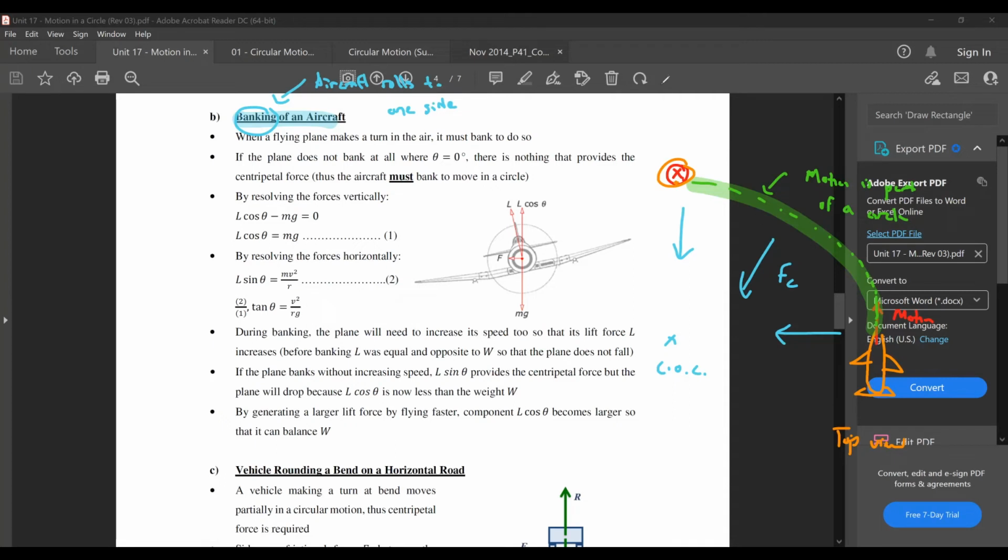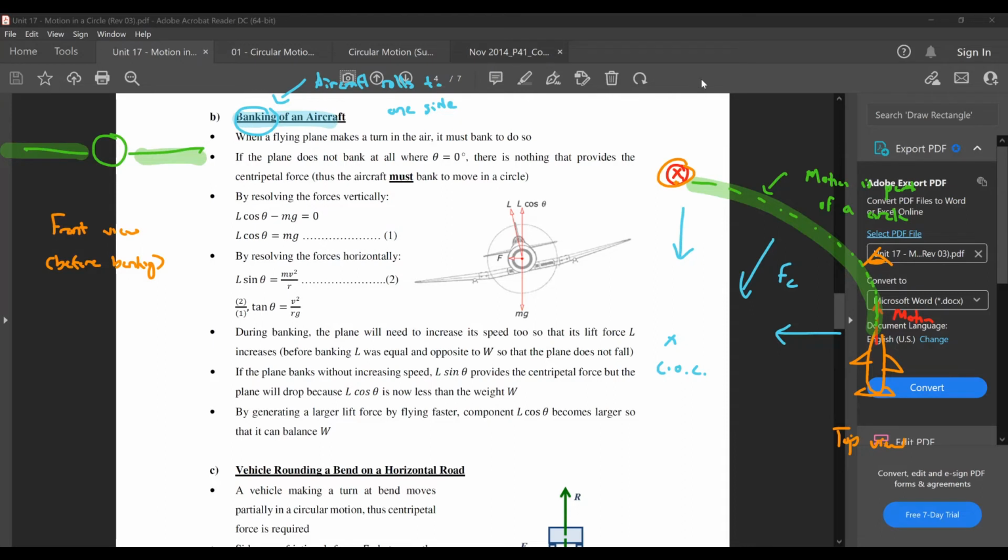In other words, let's say I look at the aircraft from here, the front view. Say this is the front view of the aircraft before banking. It will generally look like this, where your wings are straight.